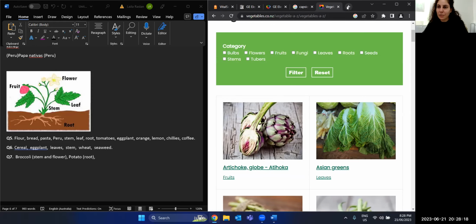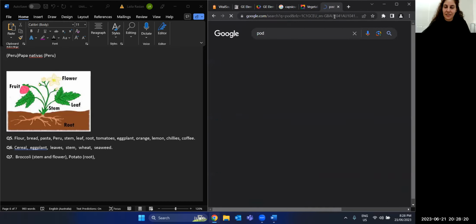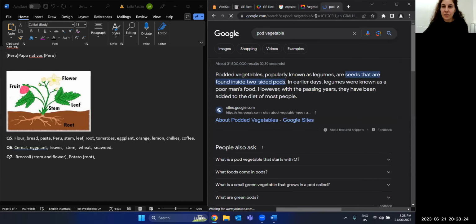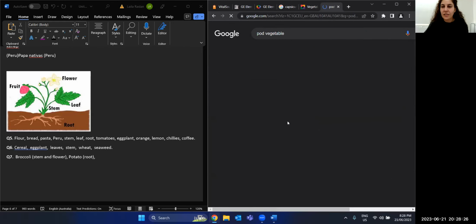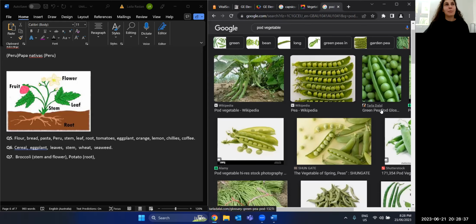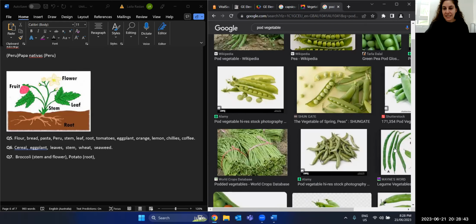Let me have a look here. Pod. Vegetable. Pod. Oh, peas. Is it this one? Yeah, we say peas. No, that's different. Green beans is different to peas. Yeah, this is peas. Yeah, there's a saying in English, 2 peas in a pod.